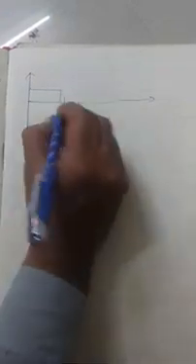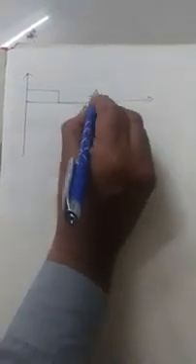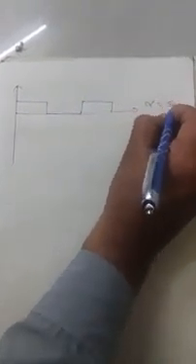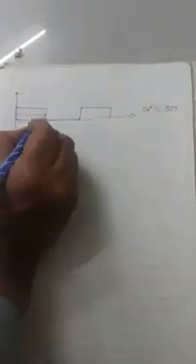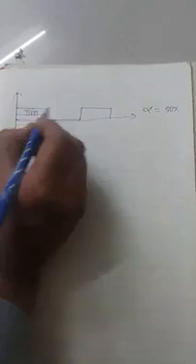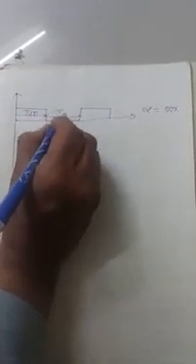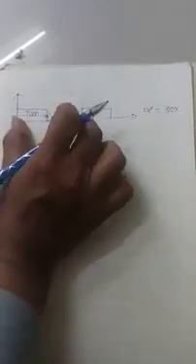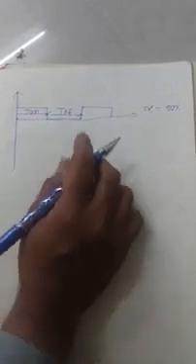Case 3, this waveform: duty cycle alpha with T on at 50%, and T off at 50%, where T on plus T off is the total time period.